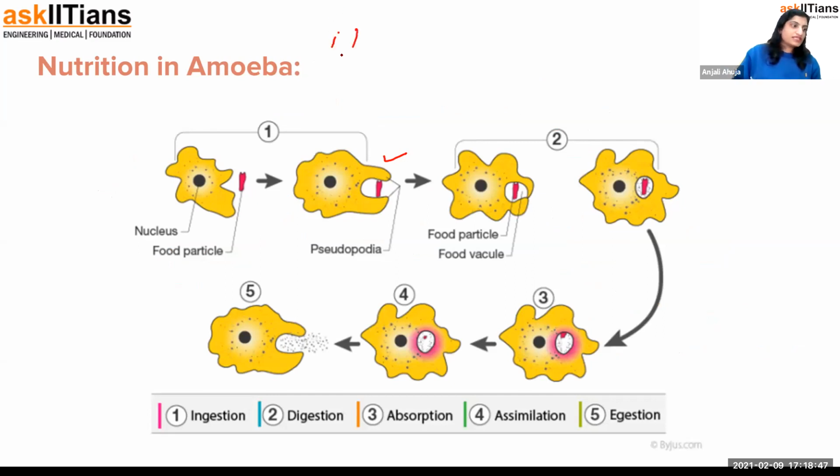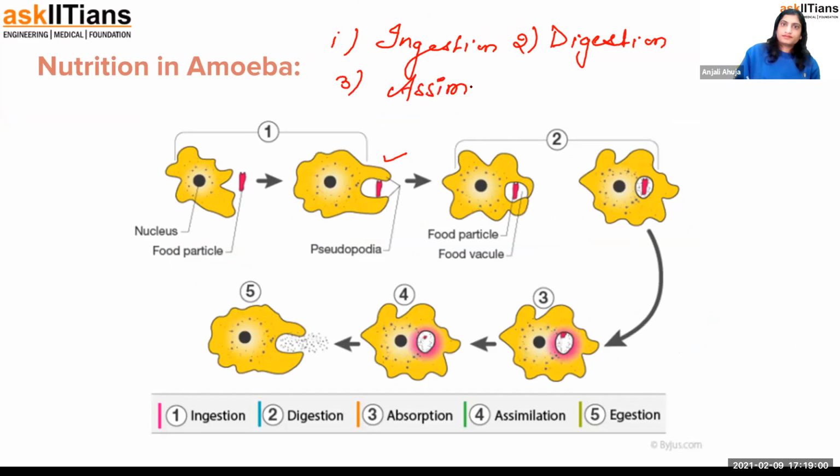The first one is ingestion. The second step is digestion. The third step is assimilation. And the fourth step is egestion. Even before I explain the diagram, ingestion is when food is taken inside.